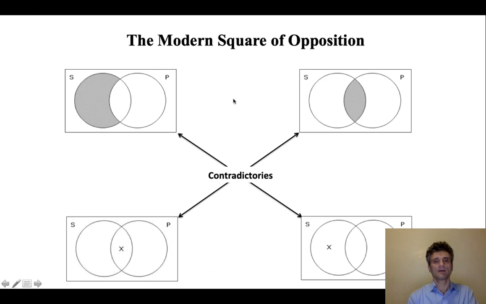However, if I don't make an existential assumption, okay, I don't commit myself to existence. So when I say that all Martians are blonde, I don't mean that there exist Martians. I only mean, see, the modern square of opposition takes a different attitude. It doesn't make an existential claim.